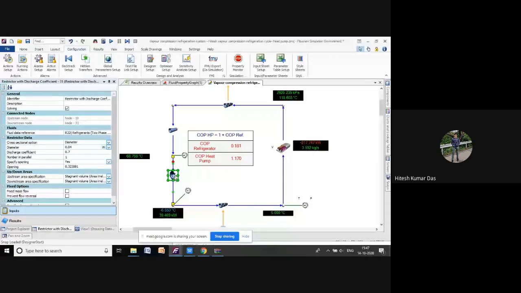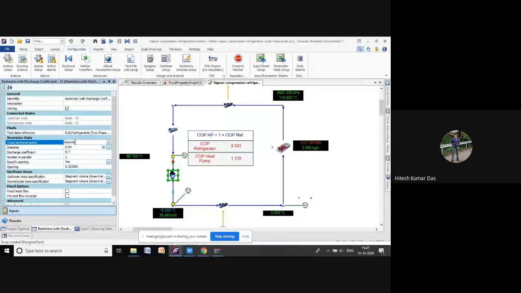Here you can see for this isoenthalpic expansion, we have used restrictor with discharge coefficient, and all the inputs related to this expansion valve. You can see for the cross sectional option we have assigned diameter, because here we are specifying the opening as diameter. Here you can specify area also.